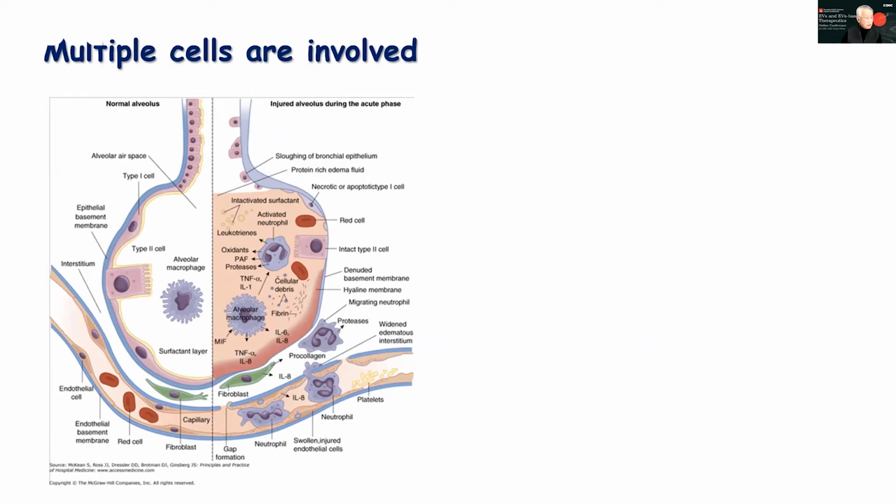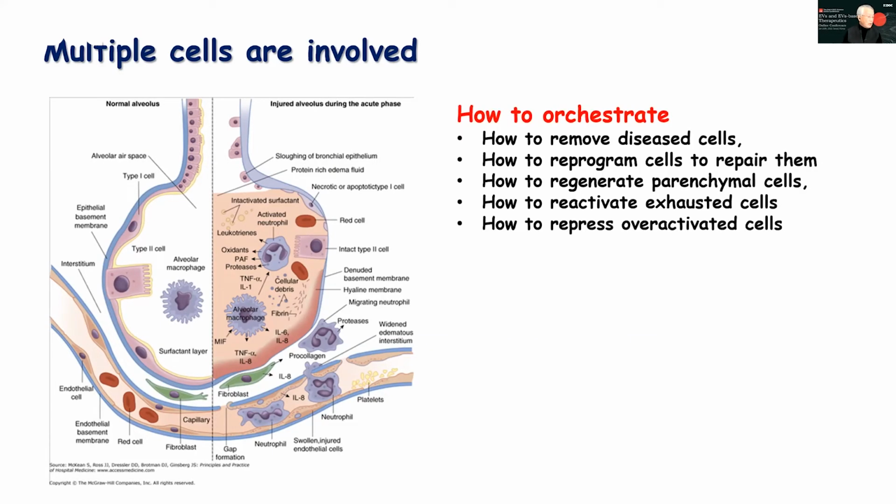So the question is how to orchestrate all these different types of cells. Here I give you more questions in detail. How to remove diseased cells, how to reprogram cells to repair themselves, how to regenerate parenchymal cells, how to reactivate exhausted cells, and how to repress overactivated cells.